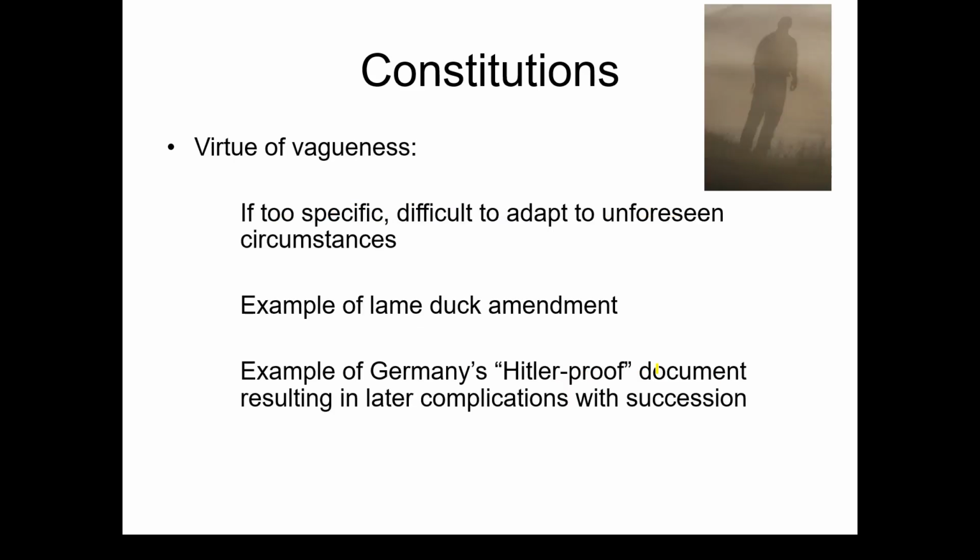Considerably longer, comparatively speaking. But there is some virtue of this vagueness in order to give it some expansion, some interpretation. If it's too specific, it might be difficult to adapt to unforeseen circumstances.